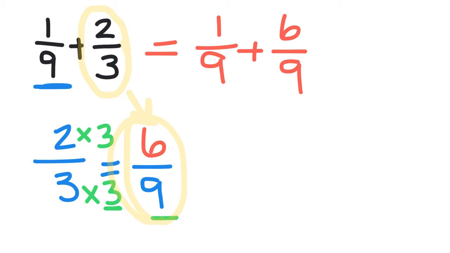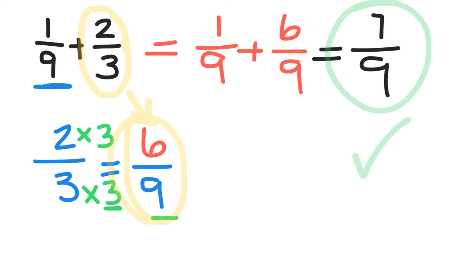Now that my fractions have a common, or the same, denominator, I can add them. 1/9 plus 6 ninths would be 7 ninths. As always, I need to check if my answer is in simplest form. Looking at 7 ninths, there's nothing that I can divide both 7 and 9 by to reduce or simplify this fraction. So 7 ninths is my answer.